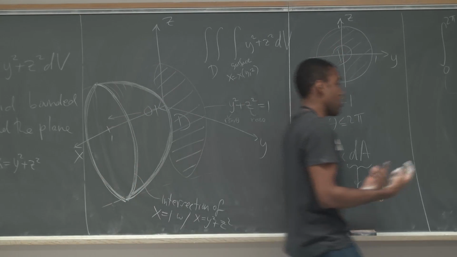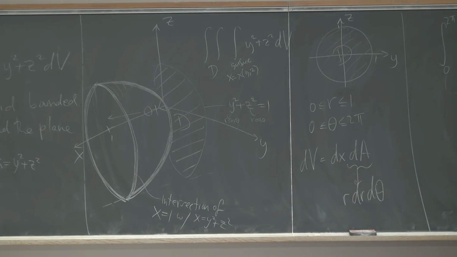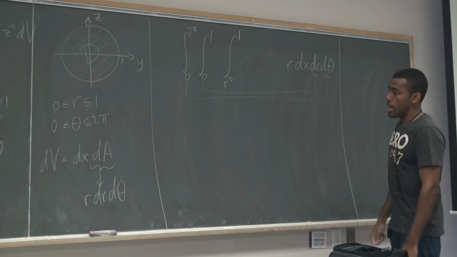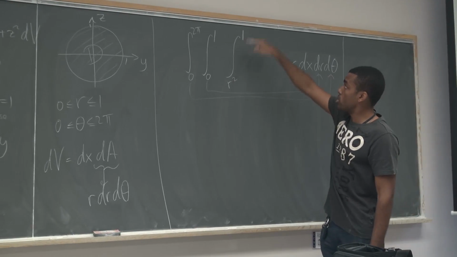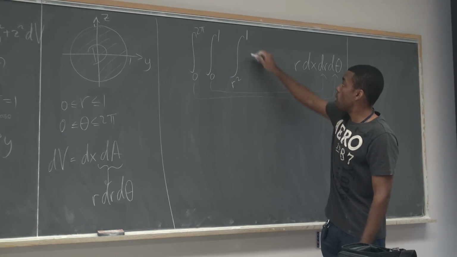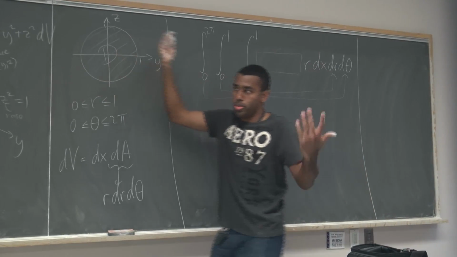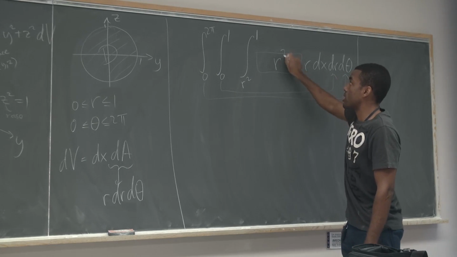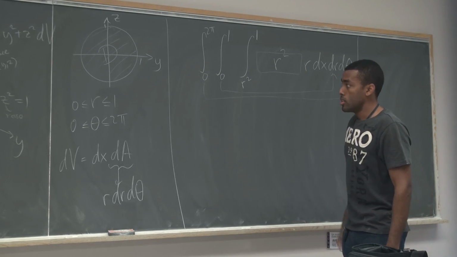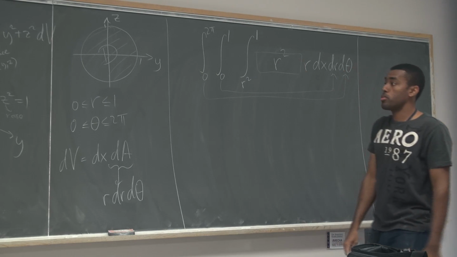So then my y squared plus z squared just becomes r squared, which is down here. So I have x equals r squared up to x equals 1. Now I have to worry about changing that y squared plus z squared, which we just told you is also r squared. So this is the setup for the triple integral here.